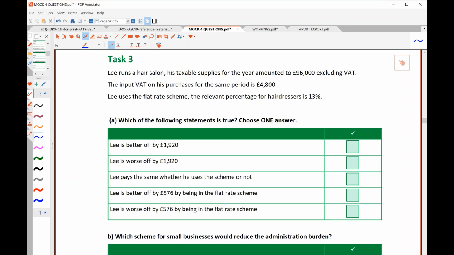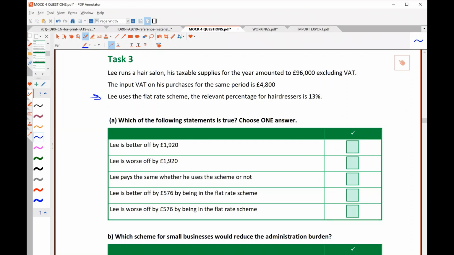Then another part to the question says that Lee uses the flat rate scheme. The relevant percentage for hairdressers is 13%, and that is worked out by taking your total taxable gross amount and then working out 13% of it.